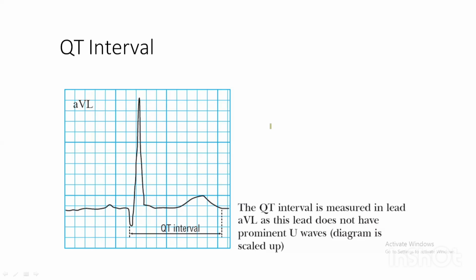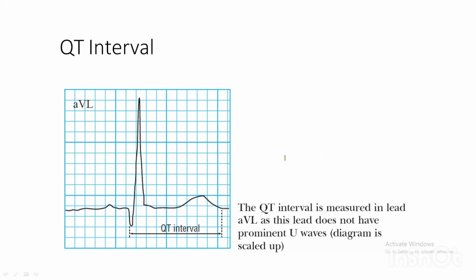The QT interval is from the beginning of the Q wave to the end of the T wave. So this whole is the QT interval. And how many squares are there? There are about 1, 2, 3, 4, 5, 6, 7, 8, 9, about 9 big squares.